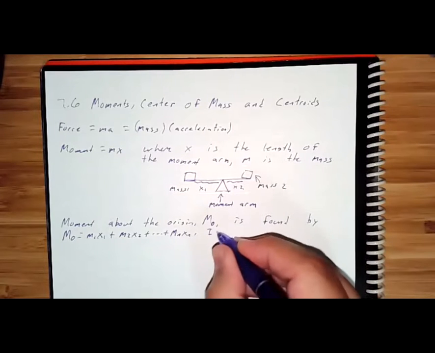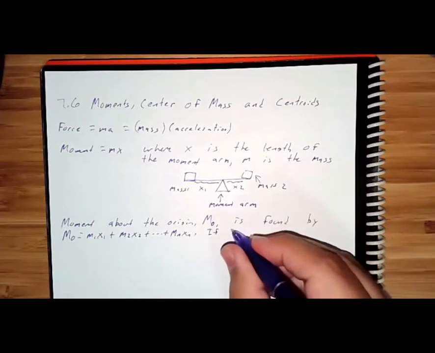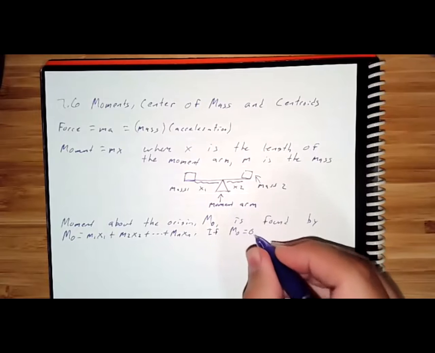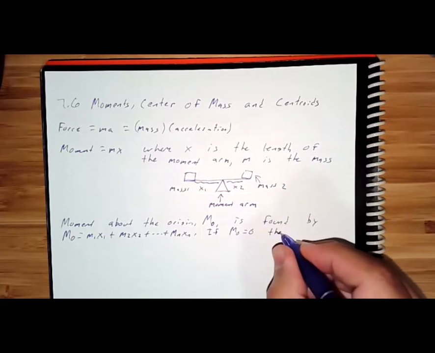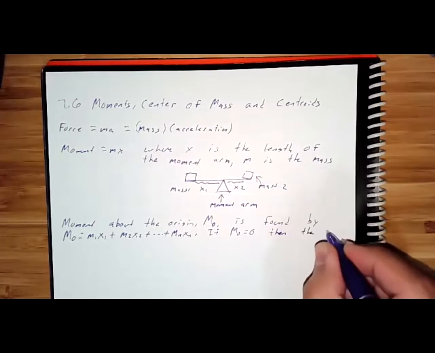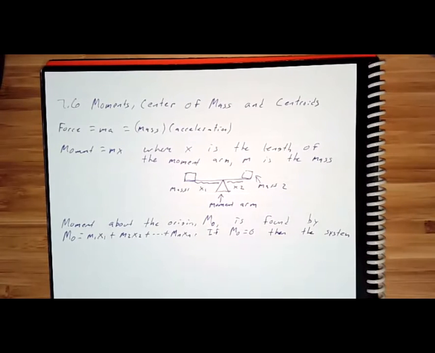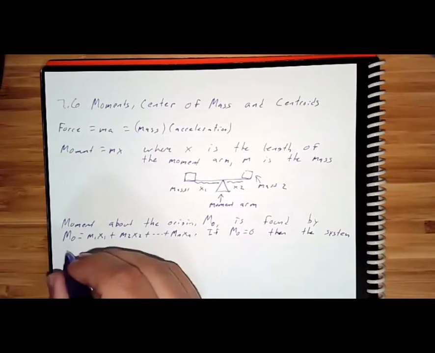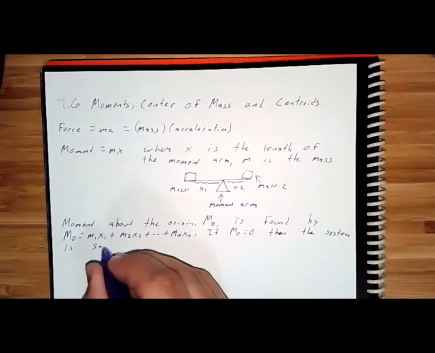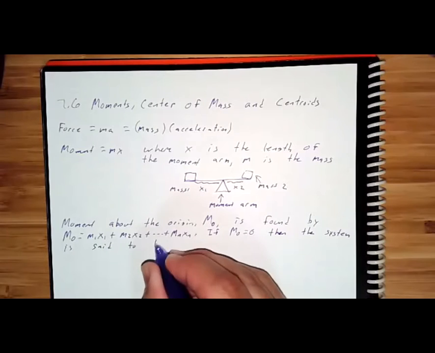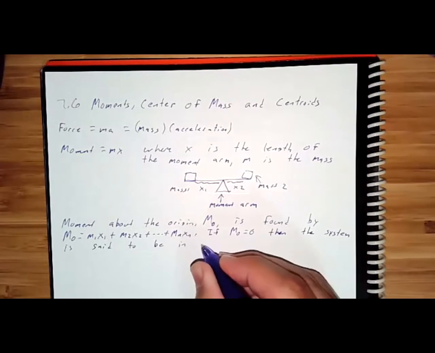So if M sub 0 is equal to 0, then the system is said to be in equilibrium.